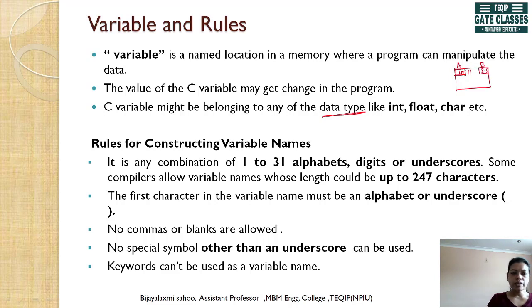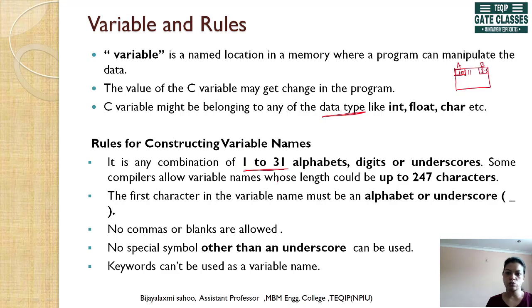Then, constructing a variable. For constructing a variable, we have to focus on certain points. That means while creating a variable, we need to follow certain rules. A variable name is a combination of 1 to 31 alphabets. You can use a single alphabet also.